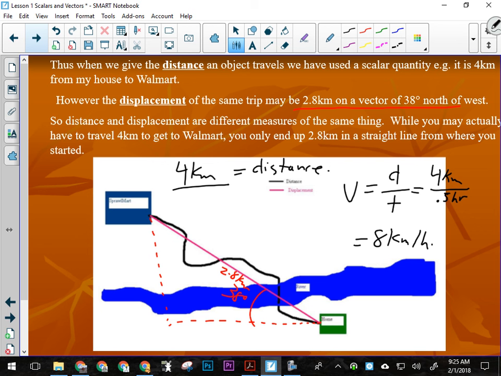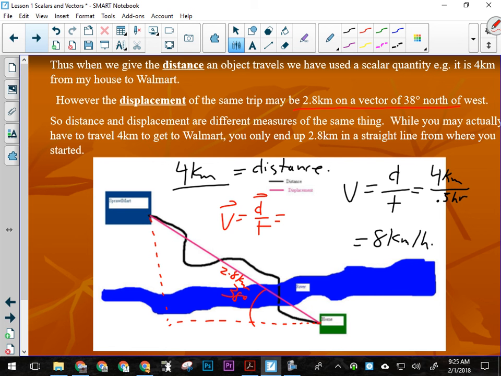All right, so I just figured out my speed for this part of the trip. If I want to find my velocity for this part of the trip, then I'm going to use the other formula. I'll use this one. Velocity equals displacement divided by time.